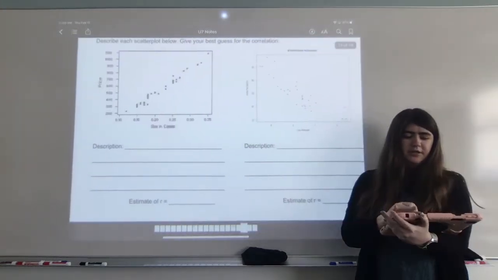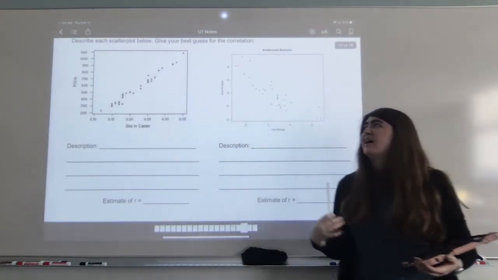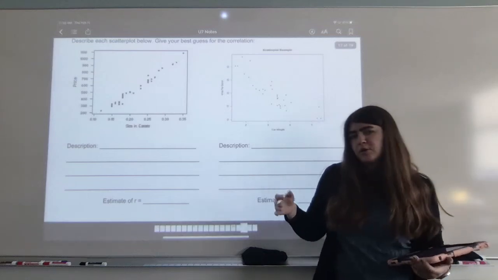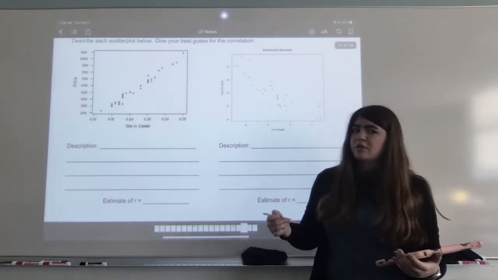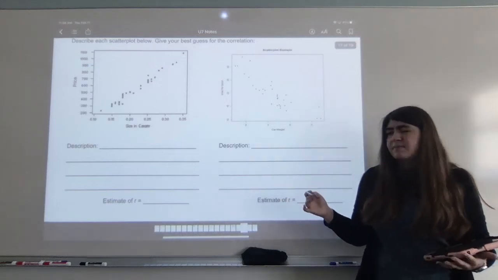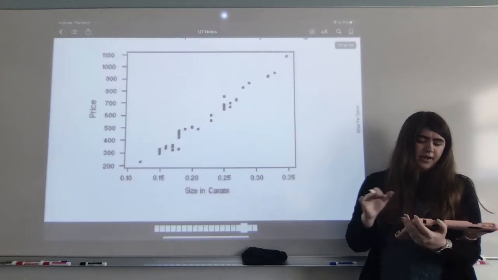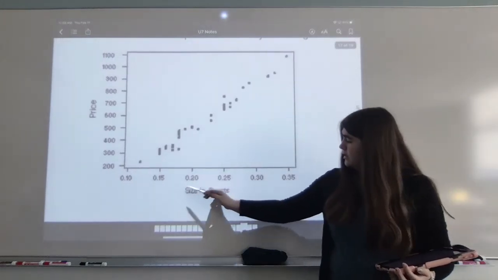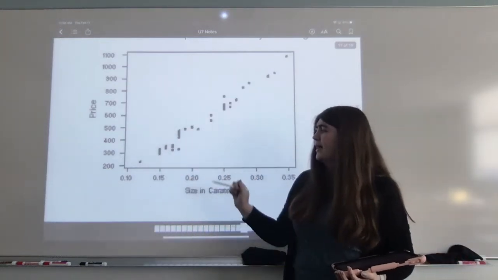All right, we're going to start here. We have this scatter plot, and the instructions say to describe each scatter plot and to give your best guess for the correlation. So we're just estimating. We're not calculating it, we're just giving a good estimate based on the graph. I'm going to zoom in on this graph, and I'm noticing that we have size in carats on the x-axis and the price on the y-axis.